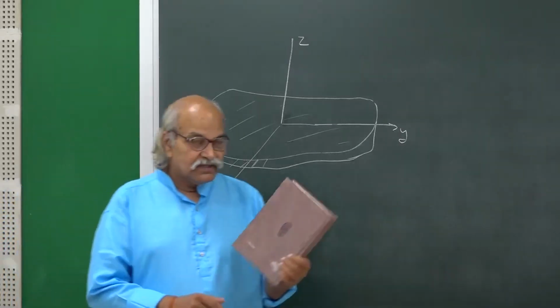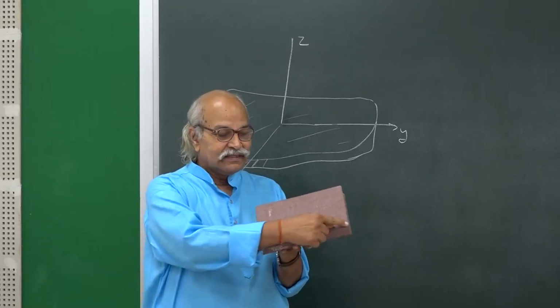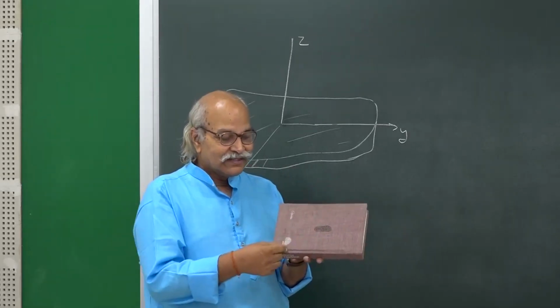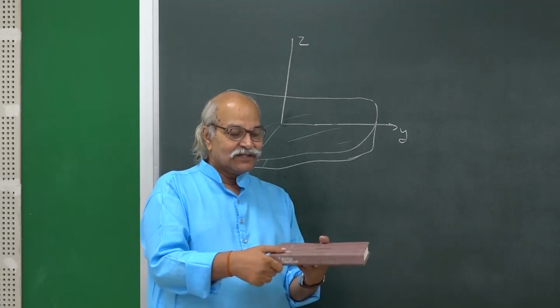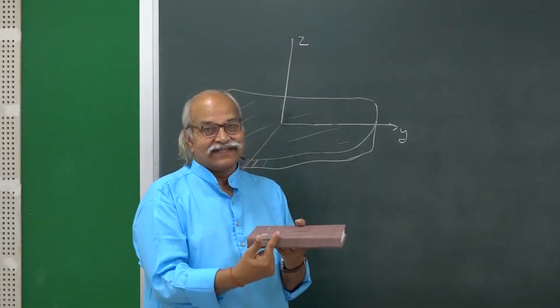So you can think of this as the material, this as the disk, and here is your y-axis. If I take it horizontal, this is the y-axis, this is the z-axis, and this thickness is along the z-axis.